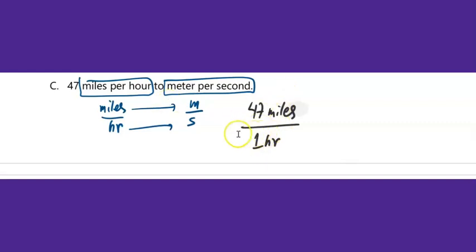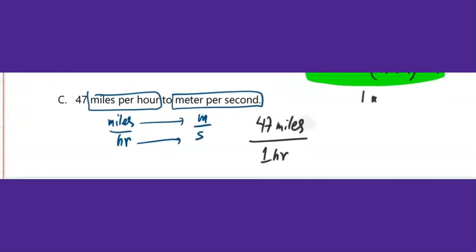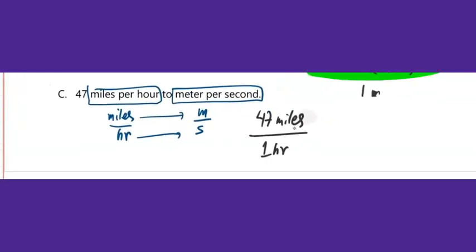You can write that. Now I want to change miles to meter. So I know 1 mile, again this chart is going to be provided to you, 1 mile equals 1.6093 kilometer. So I just write the kilometer first, and I have to change to meter again, because I know 1000 meter equals 1 kilometer.